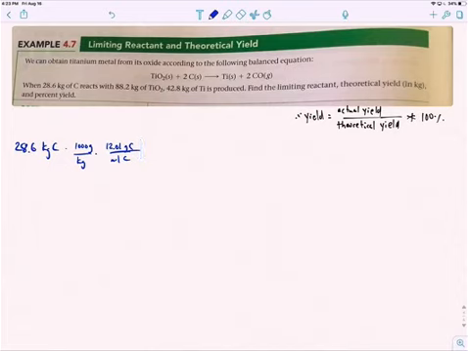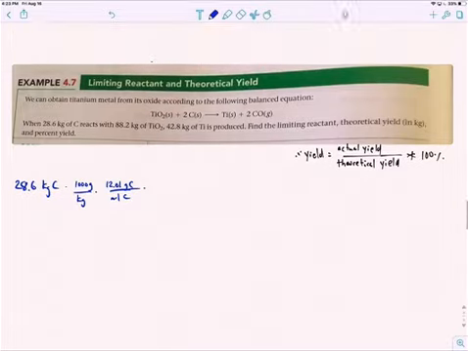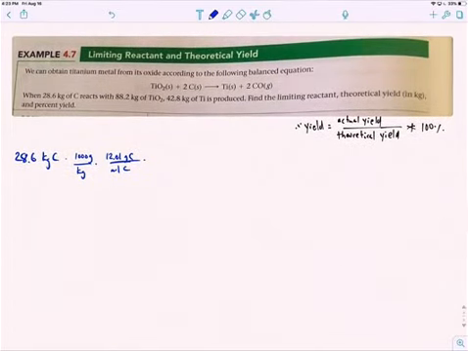I should use the boxes. Oh well. Then we have moles titanium to 2 moles carbon, and same thing for the rutile.